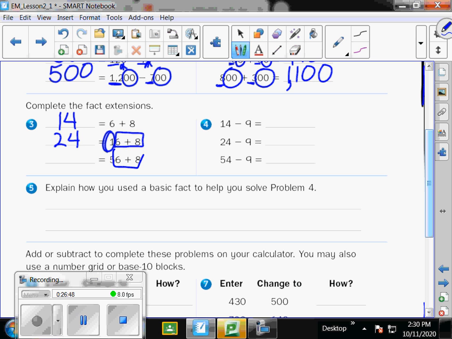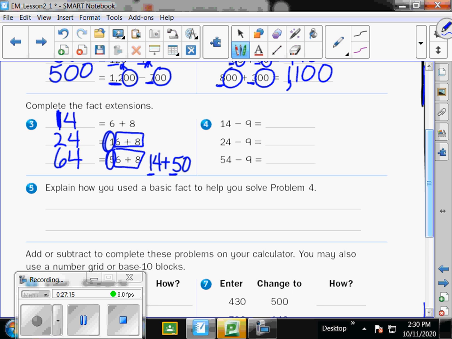Okay, again, I still have 6 plus 8, which is 14, but now I'm going to add on 5 tens. Remember, all I'm doing is adding 5 tens. So what's 5 more tens? 6 tens, right? So you should have 64.